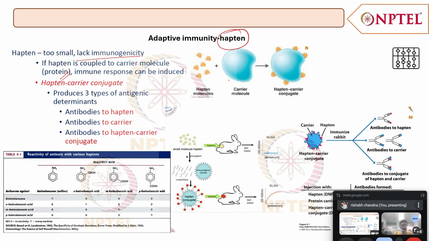Here we can see the hapten molecules; when they are conjugated with the carrier protein, it induces an immune response. With the hapten-carrier conjugate, we have three antigenic determinants: antibodies to the hapten, antibodies to the carrier, or antibodies to the hapten-carrier conjugate. All three can be generated when we inject a hapten conjugated with a carrier molecule.